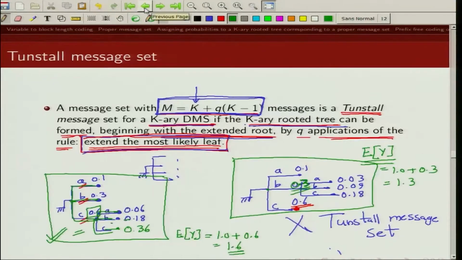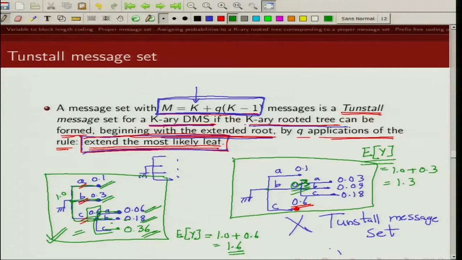You can just take an example here. What is the probability of the leaves here? It's 0.1, 0.3, 0.06, 0.18, 0.36. And what is the probability of the nodes? The probability of the nodes is 1 and 0.6, right? You can see the node probability is at least equal to the leaf probabilities.